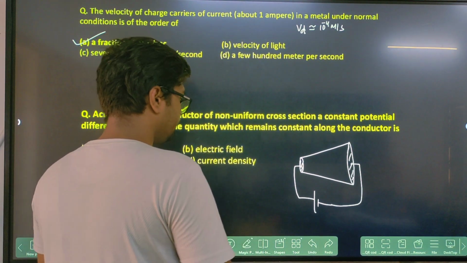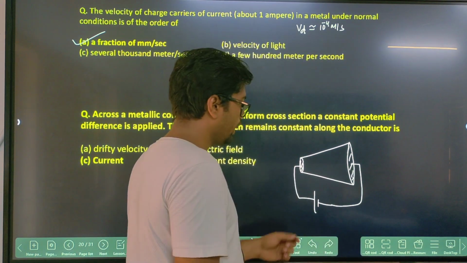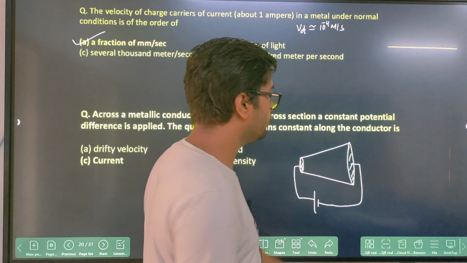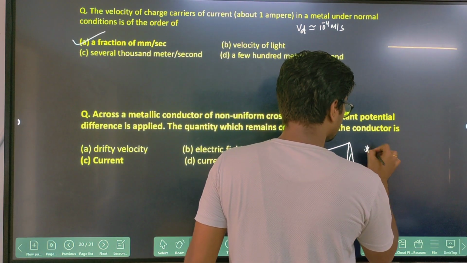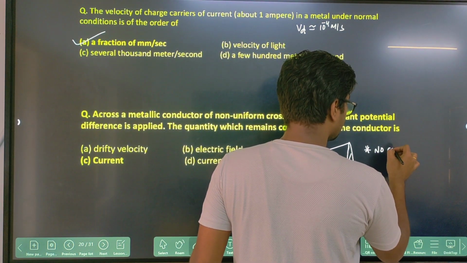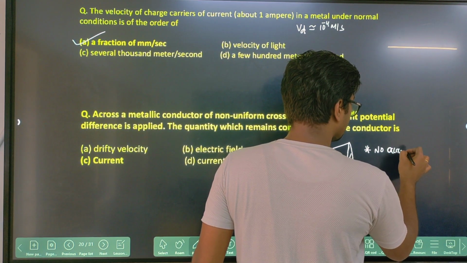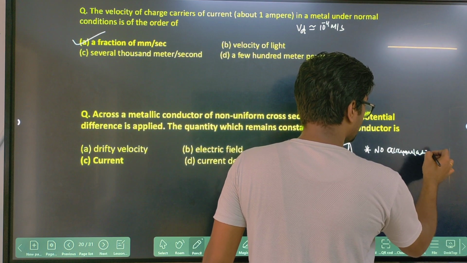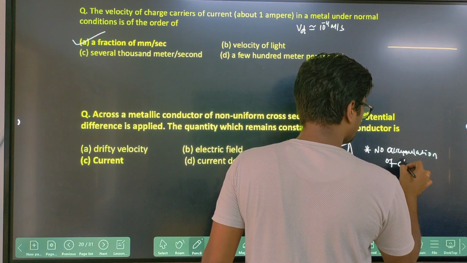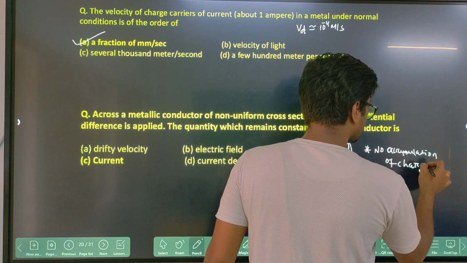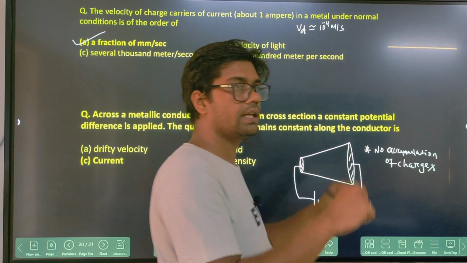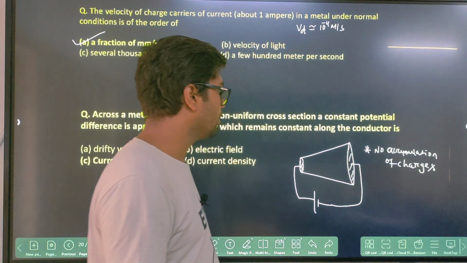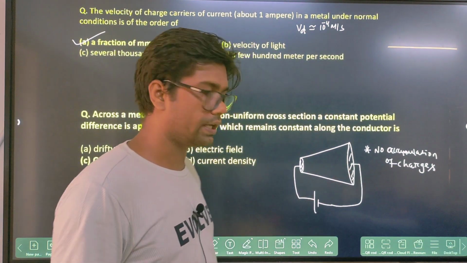So you see here now. First of all, in the conductor there will be no accumulation of charges. Like in electrostatics there will be accumulation of charges, we talked about this in the first lecture. Here the charge keeps flowing in the circuit.